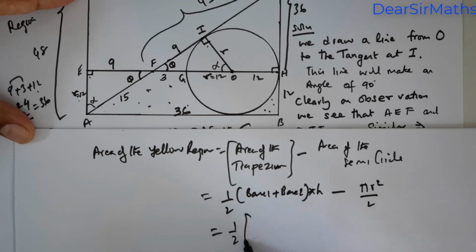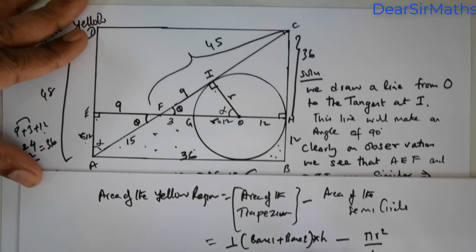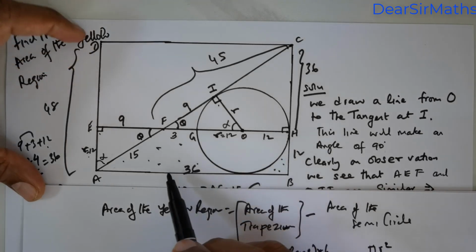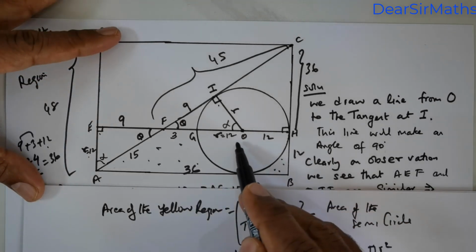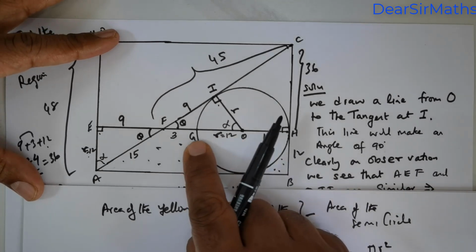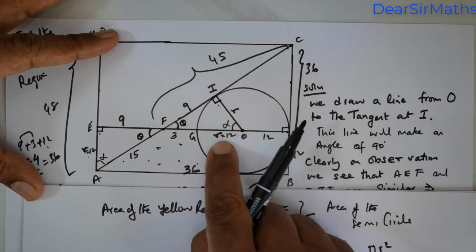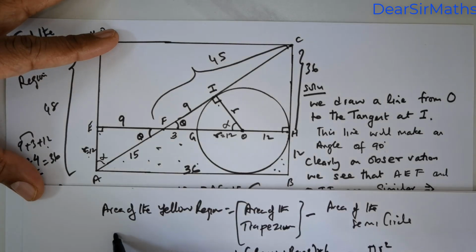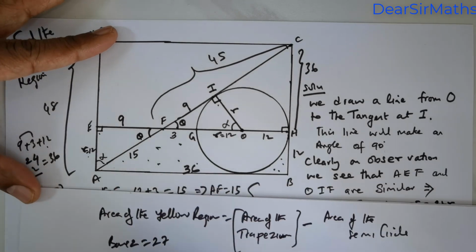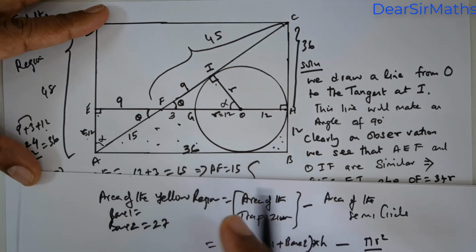So this is going to be 1 over 2 times base 1. Now what is the base here? 12 plus 12, 24. You got two bases. You got the smaller base and the larger base. So the smaller base, let me take that as B2. 24 plus 3, 27. So base 2 is 27. Now the larger base, base 1, is going to be 36.